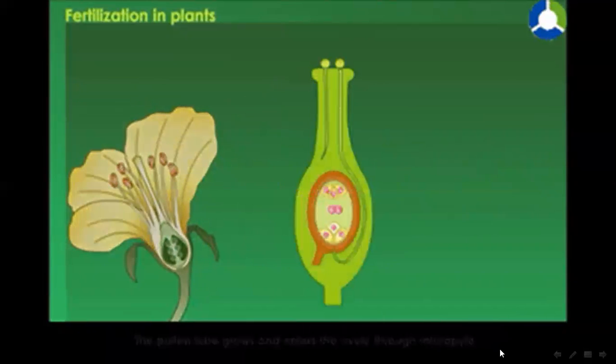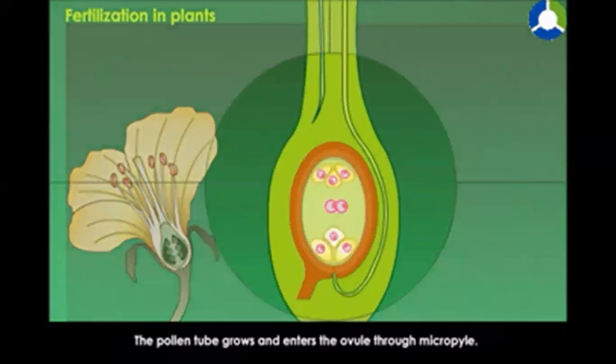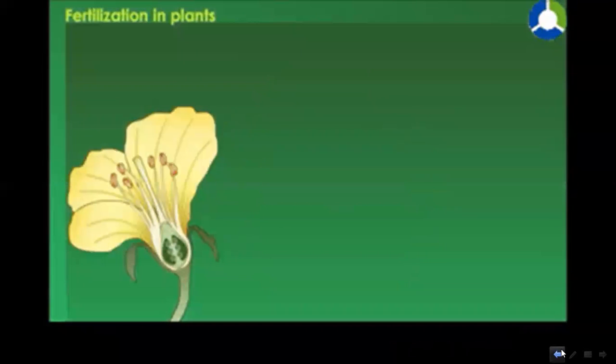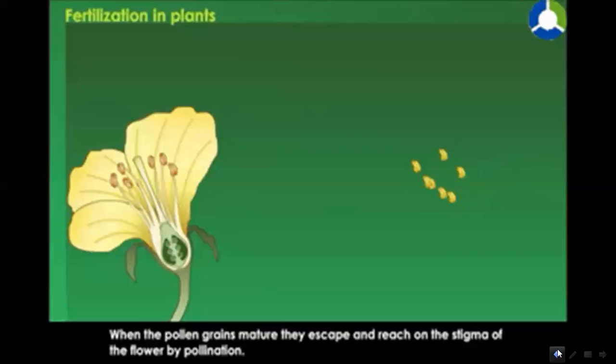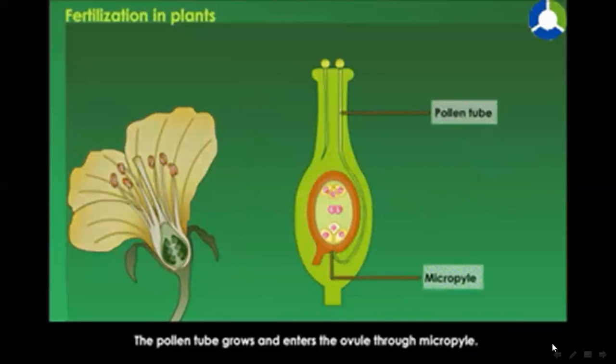This is the process of fertilization in plants. And finally, they make the seed. So in the last, the ovary begins to change into the fruit.